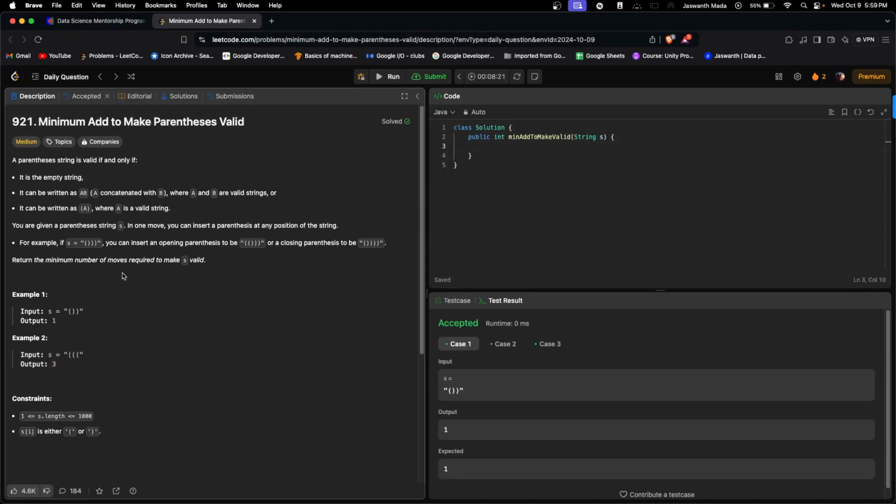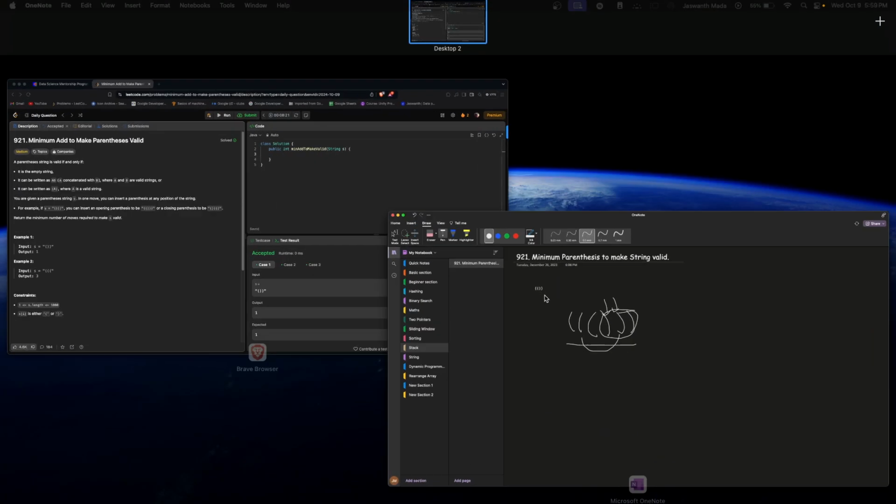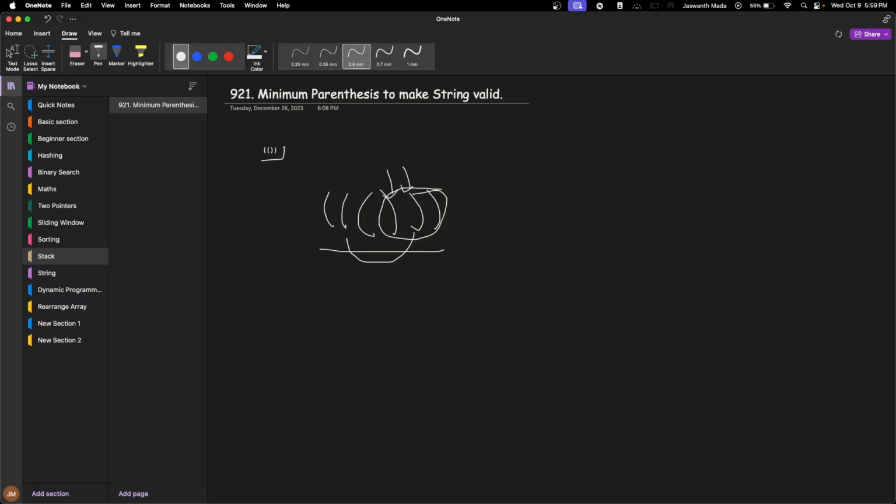So basically this is the question. We are basically given a string as an input, and what we need to do is identify how many parentheses we need to add, the minimum number of parentheses. Suppose if we have 3, we cannot add 5 or 6, right?